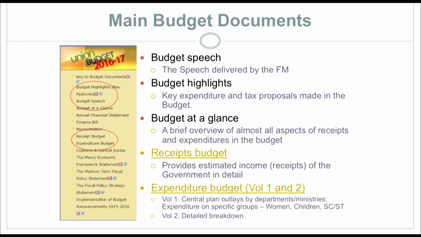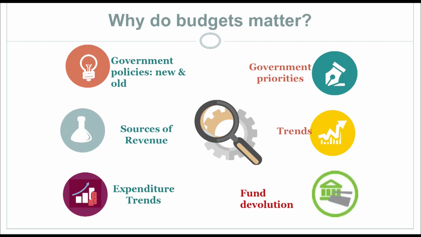While Volume 1 has the central plan outlays by departments and ministries, as well as expenditure on specific groups such as women or children, Volume 2 gives the detailed breakdown. Each of these sources can tell us different things about the government, from government priorities, policies, sources of revenue, expenditure and allocation trends, and even fund devolution.